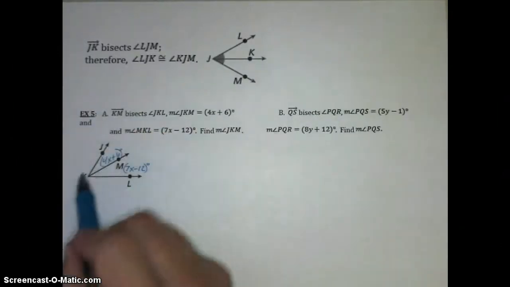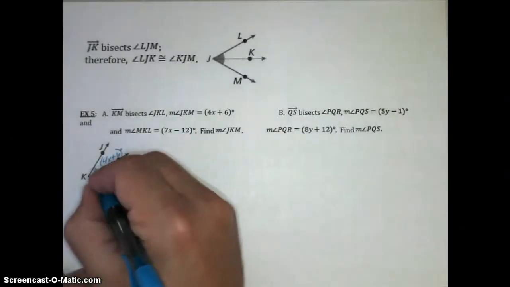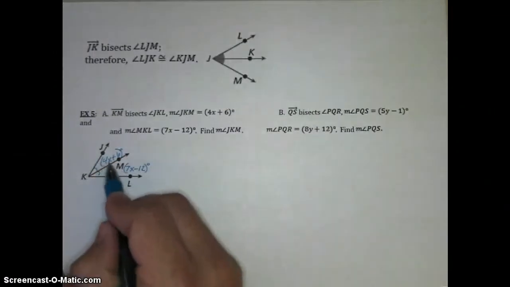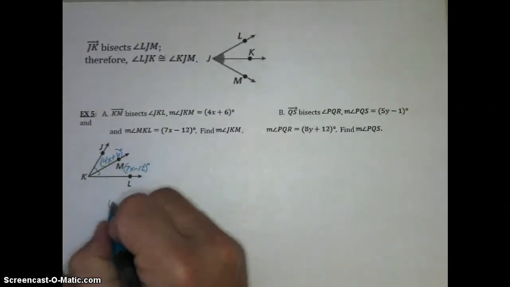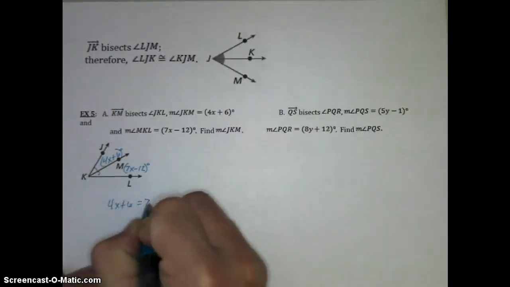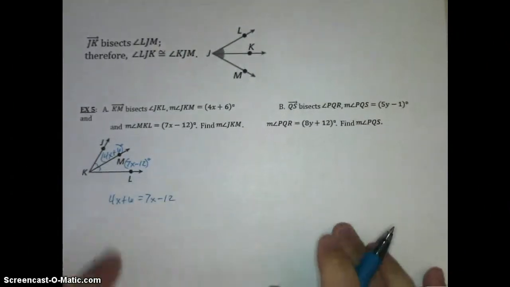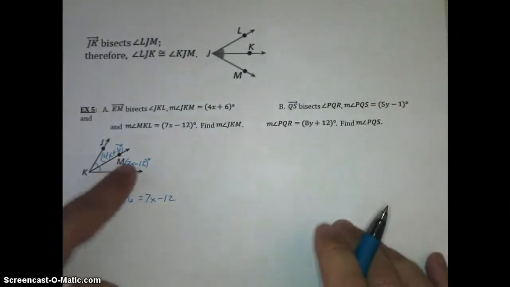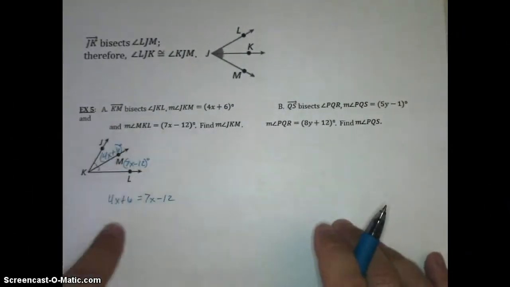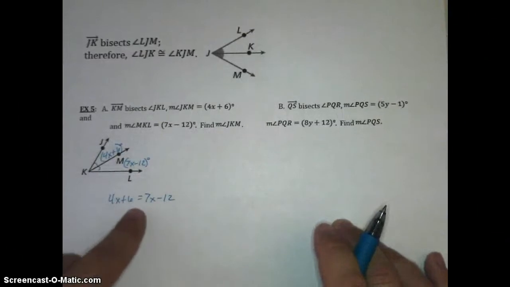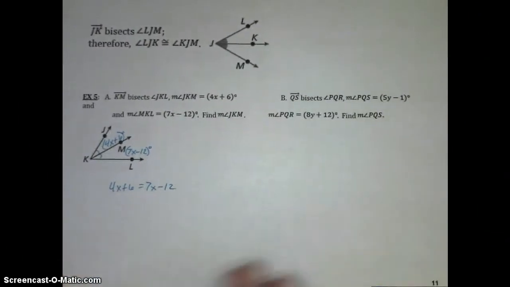So we're supposed to find the total angle, but we know this is an angle bisector, so these are congruent. That should tell you these expressions are equivalent. Then I can say 4x plus 6 equals 7x minus 12. So all we have to do at this point is solve for x and plug it back into each one to find our total. So pause the video to give yourself enough time to solve for x.